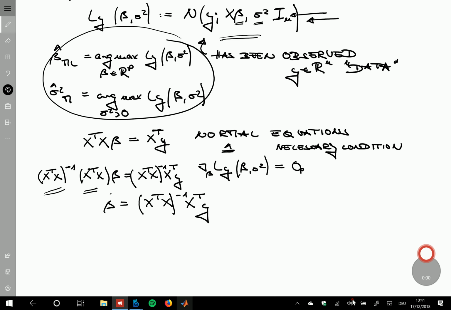Usually these estimators get a hat because it looks nicer, and sometimes if you want to emphasize that this is derived by maximum likelihood, you can put a little ML to it. Actually, the ordinary least squares estimator has exactly the same form, because for the beta estimator it's equivalent whether you do maximum likelihood estimation or ordinary least squares estimation.